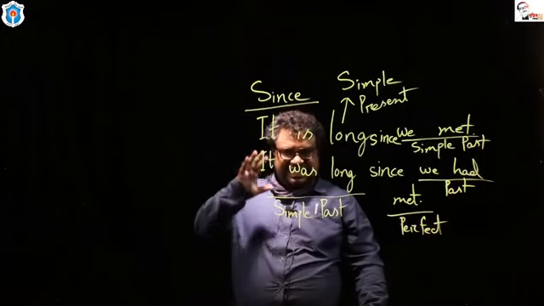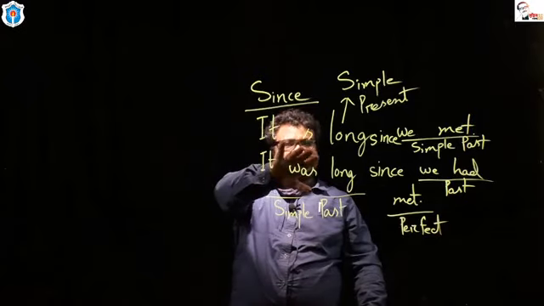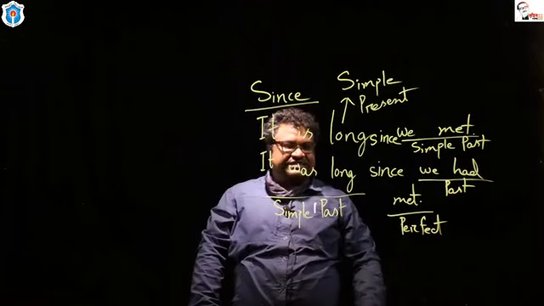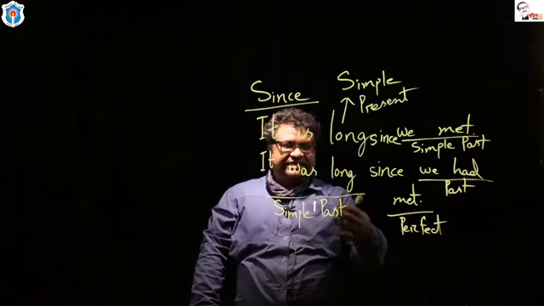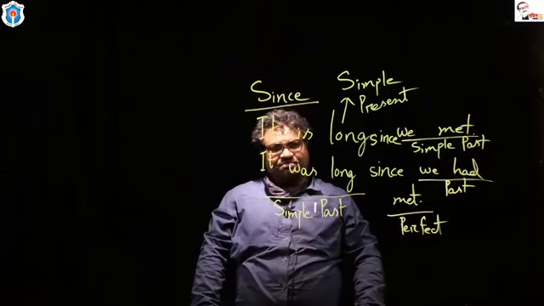So it is a very simple formula. The first part is simple present, the next part will be in simple past. The first part, if it is in simple past, the next part will be in past perfect.